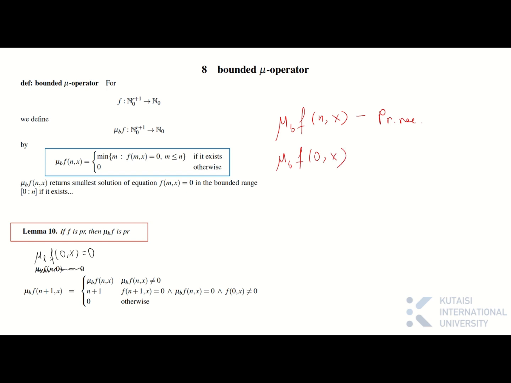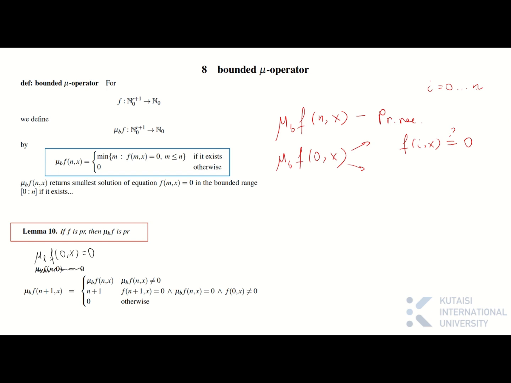I look at what this mu b f0x is. If you think about it, this thing can return two things. First of all, it starts checking: it looks at the function f(i)x and checks, is this thing 0, where i goes from 0 to n, if you want to do it for n.